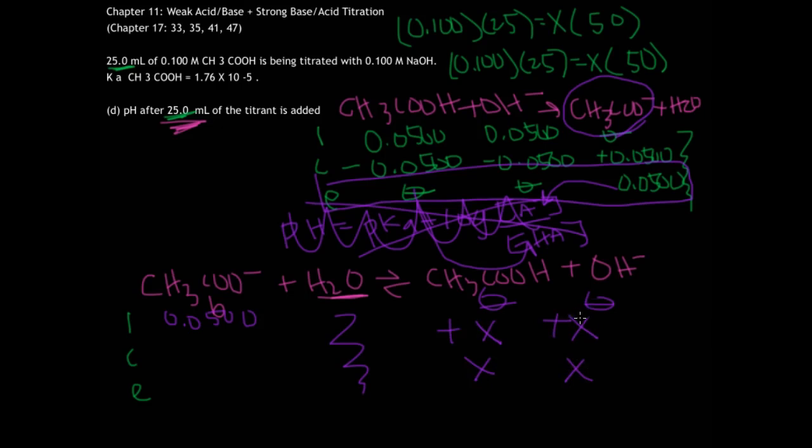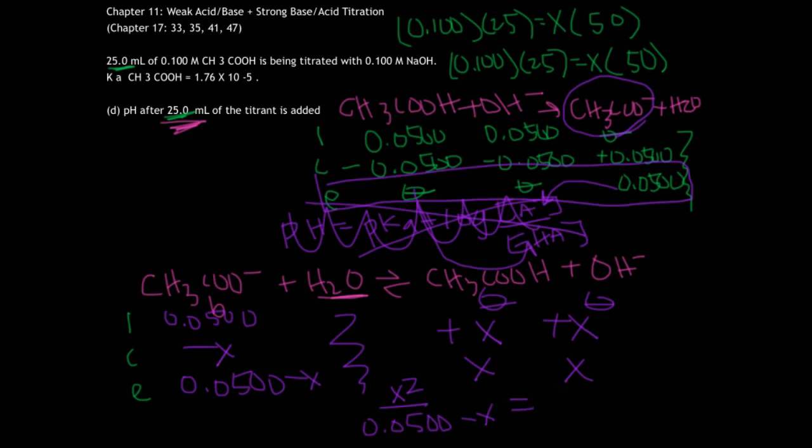So I'm going to let it equal hydroxide, let's say. They're a 1-to-1 ratio, so this is X. This is minus X, so this is 0.0500 minus X. And then you set up your equilibrium expression, products over reactants raised to their coefficients. So we've got X squared over 0.0500 minus X equals, be very careful.